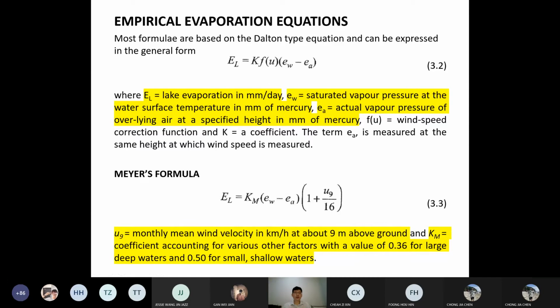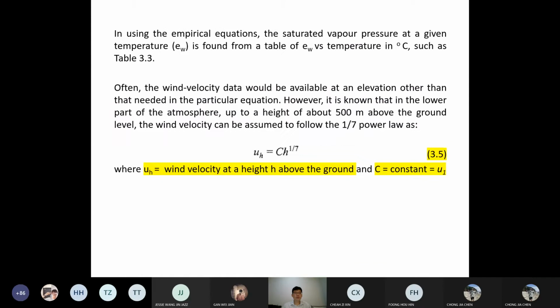If it's a very deep water reservoir, maybe Km is 0.5, and if it's not very deep water, you use the coefficient of 0.36. U9 is the wind velocity at the height above the ground, C is the constant. This is the empirical method to do the estimation.